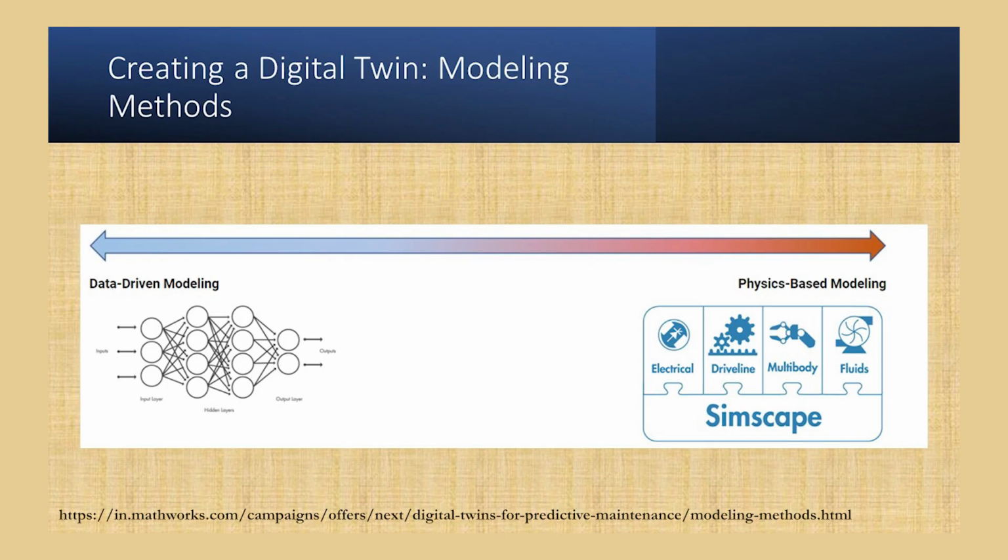In data driven modeling, you collect a lot of data and that data is passed through some kind of machine learning software. What you are seeing here is a neural net.